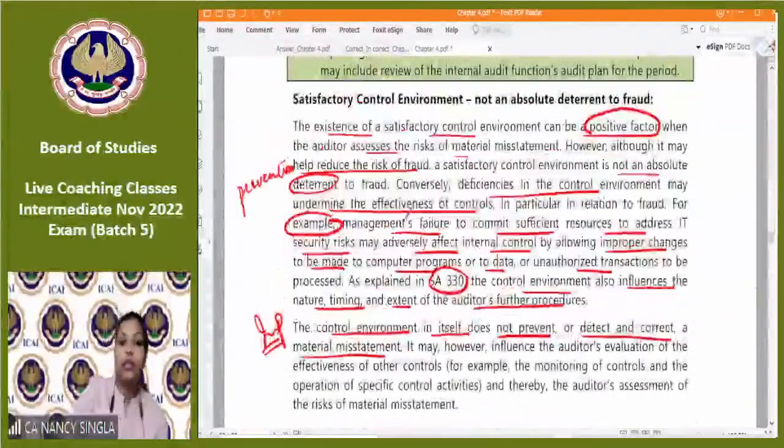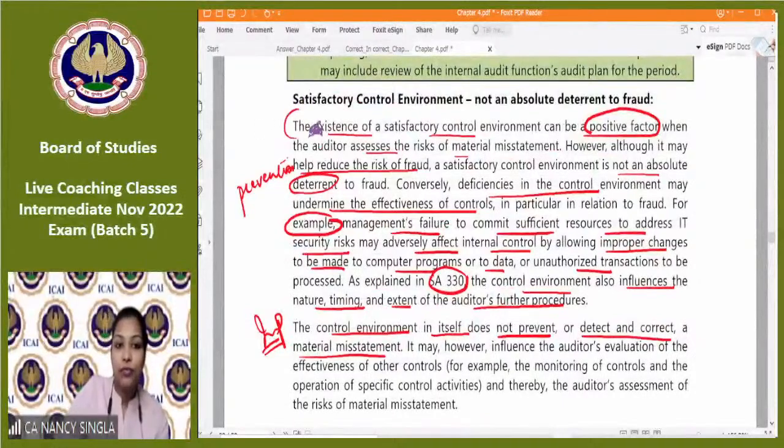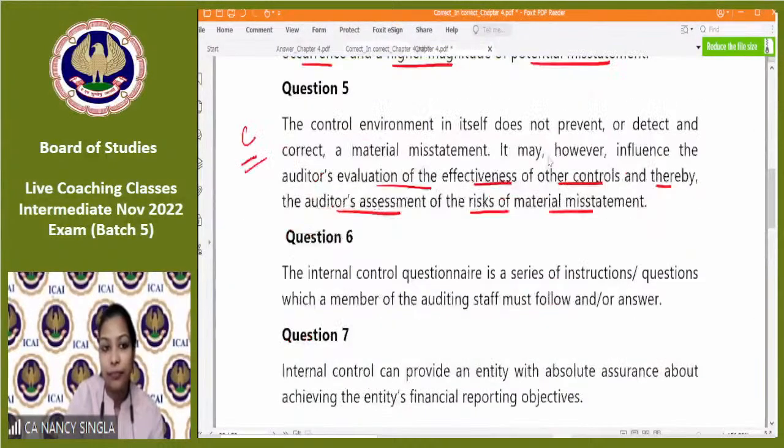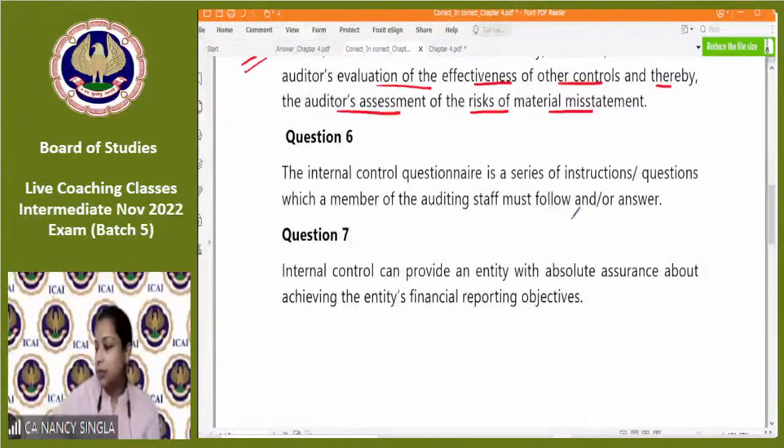So you can write this. The existence of this, however, helps to reduce, but it is not. So this can be mentioned in the reasoning. Okay? Is it clear? Now with respect to the sixth question, please send in your replies.